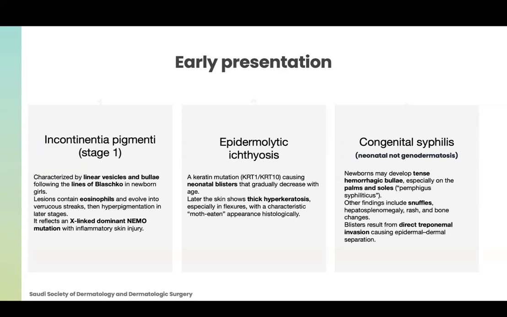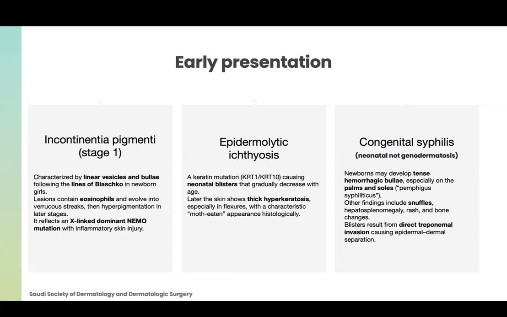The vesicular or blistering stage is the first stage, and it's usually in the first few weeks of life. The patient presents with linear vesicles, which heal in a few weeks. Later, the same patients can develop hyperkeratotic plaques. Then later they develop hyperpigmentation. So we don't know at which stage we see them. The last stage is hypopigmentation, but not everybody gets the last stage.